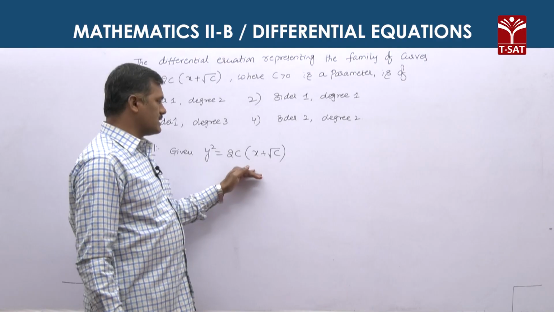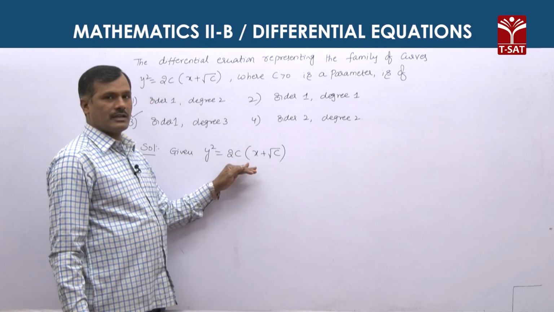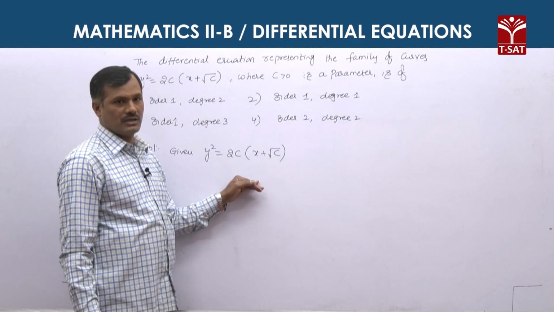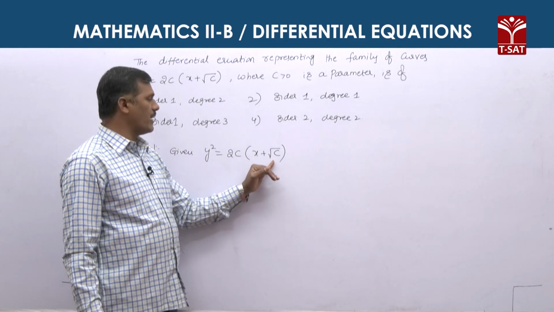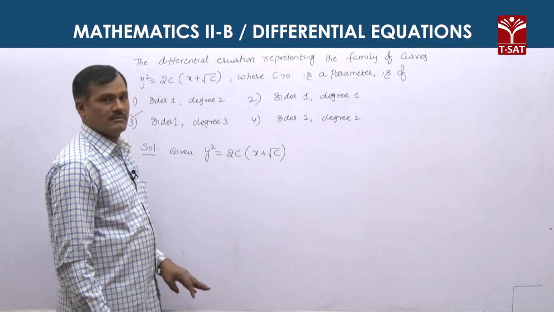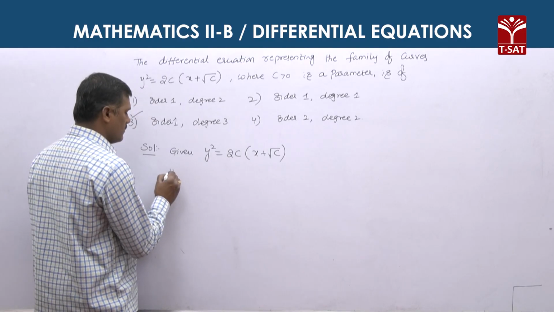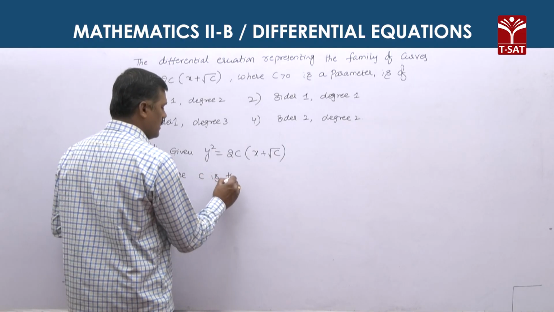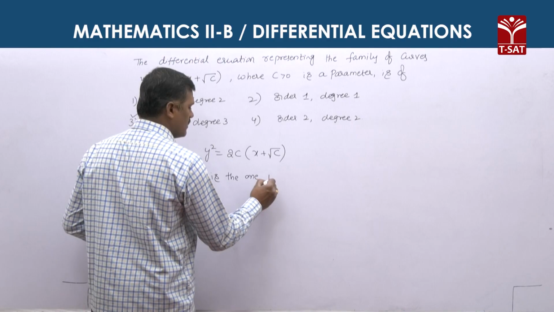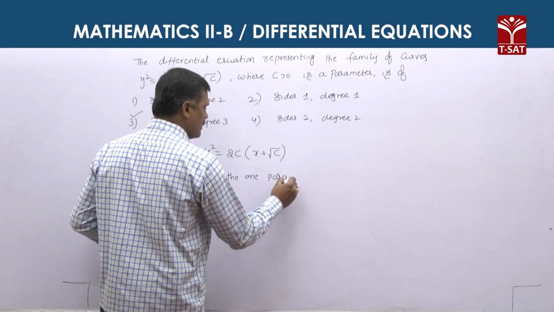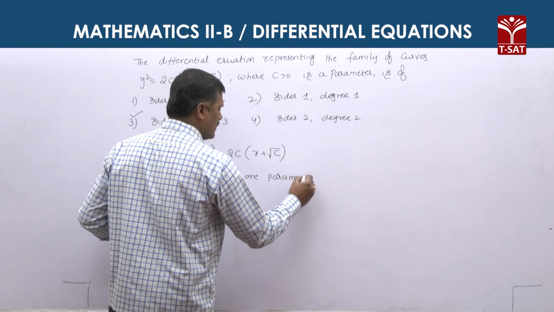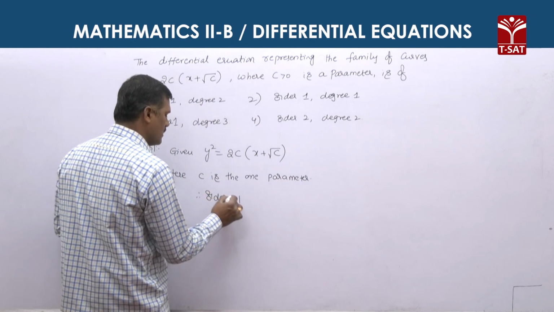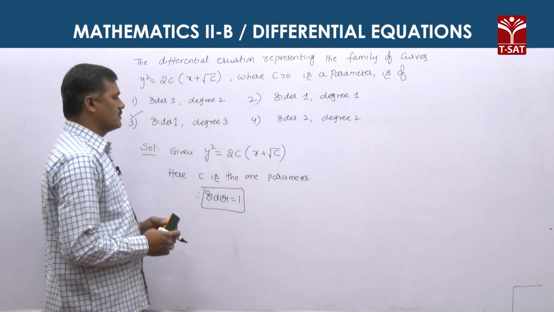Here we have to remember that the number of parameters in the given equation is the order of the differential equation. c is the only single parameter, so its order is 1. Therefore order is equal to 1.